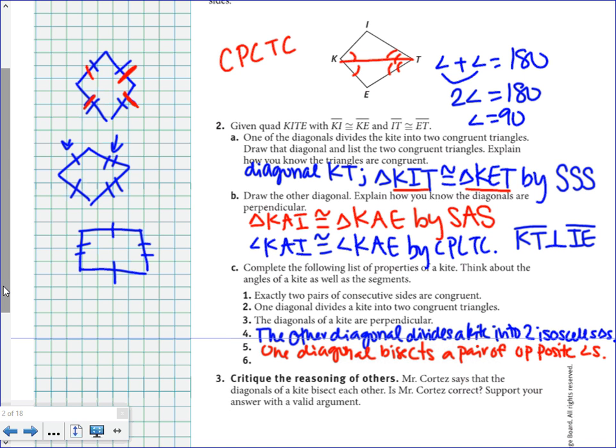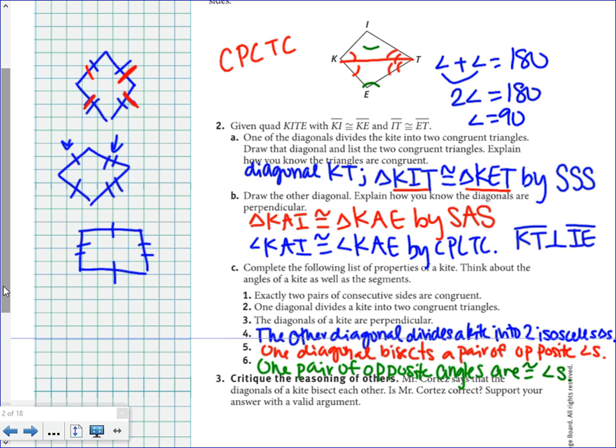And then the other one is this angle I and angle E are corresponding and congruent. And so one property is that one pair of opposite angles are congruent angles. And that's going to be true for every kite. All 6 of those are always going to be true.